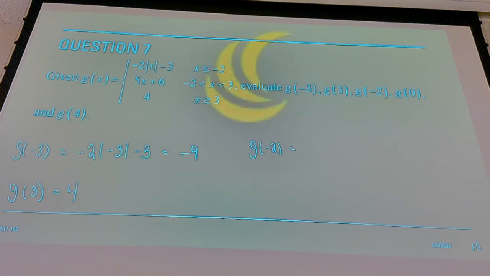So g of negative 2, what piece? First. What is that going to evaluate to? -7. G of 0, what piece? Second column.